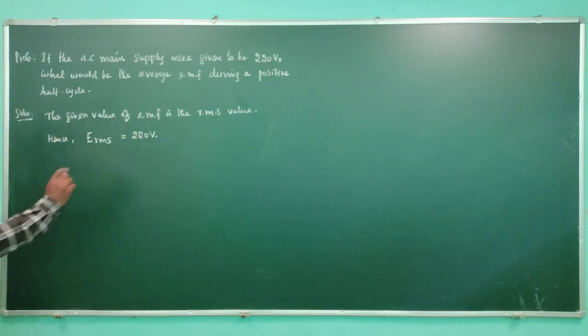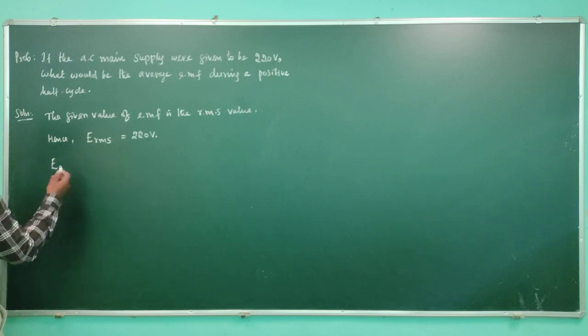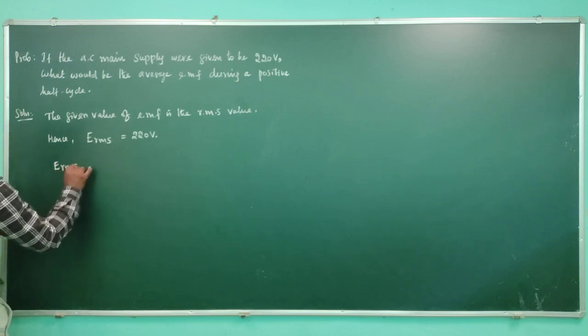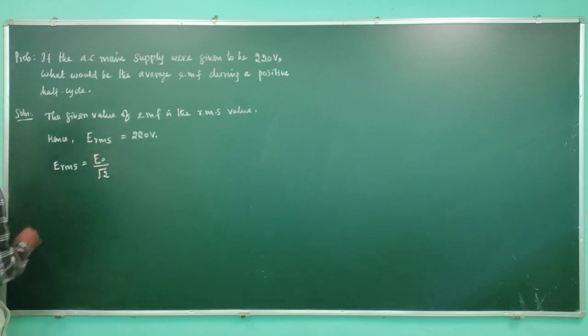And if we want to calculate the peak value, the relation between RMS value and peak value is E RMS is nothing but E naught by root 2.